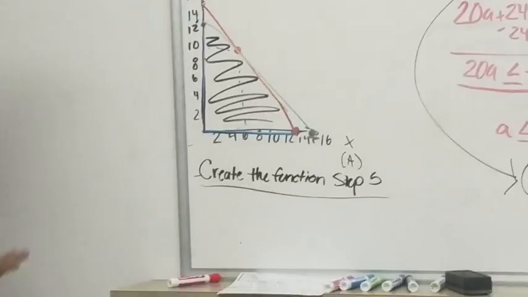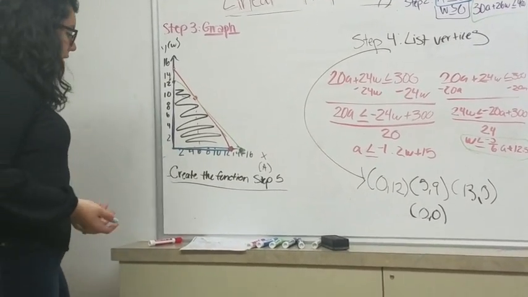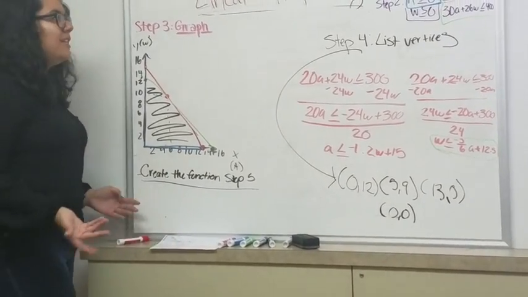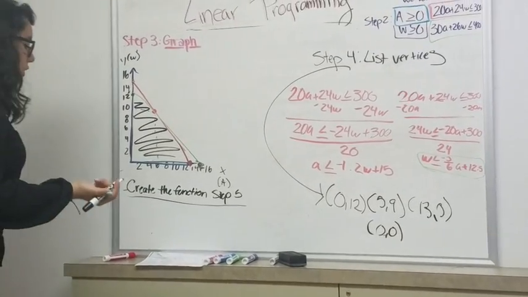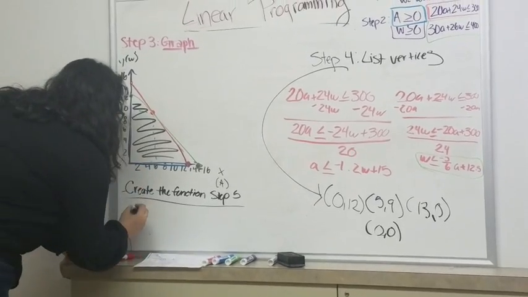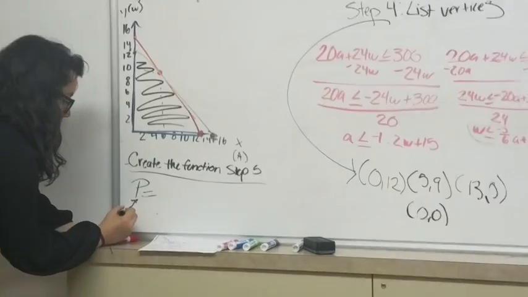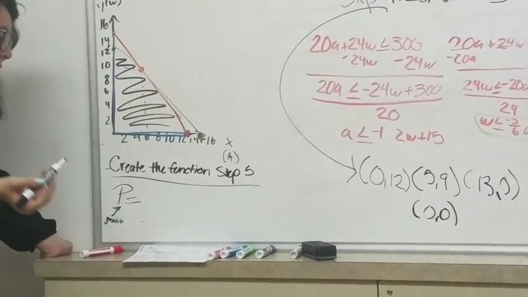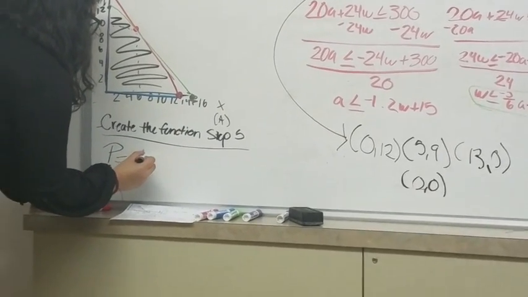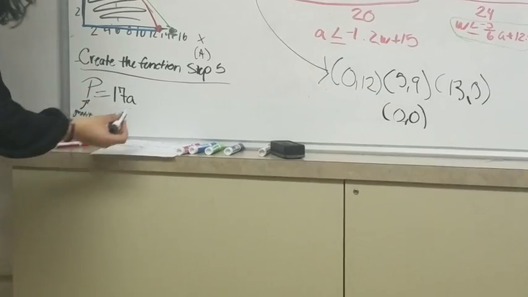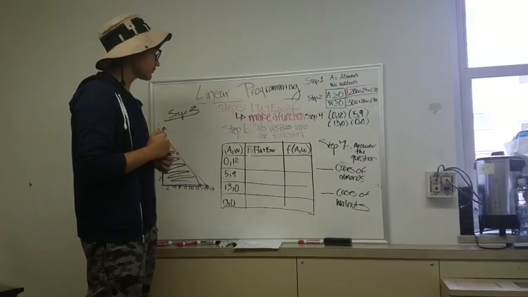Then for step 5, you have to create a function that needs to be either maximized or minimized. In this case, it's maximized because we're trying to see what can max the profit. Back in the problem, this P stands for profit. And in the problem, it said that the store owner makes $17 profit per almond case, and $15 profit per walnut case.